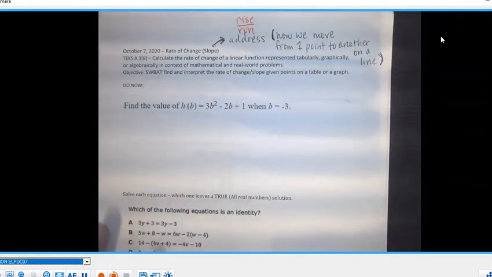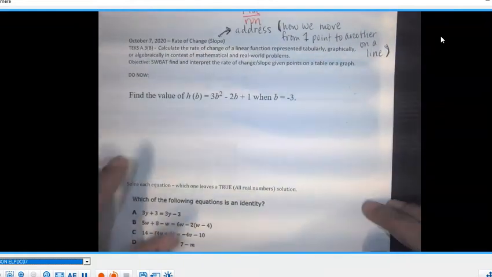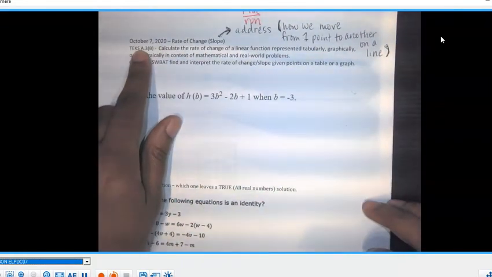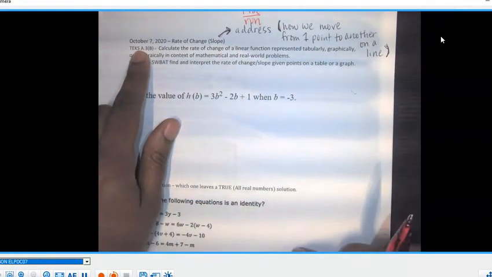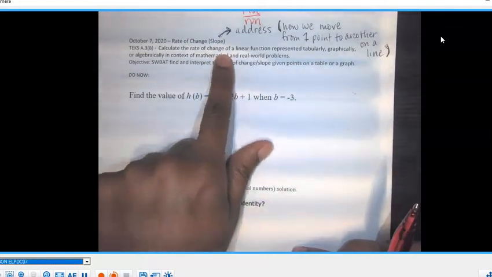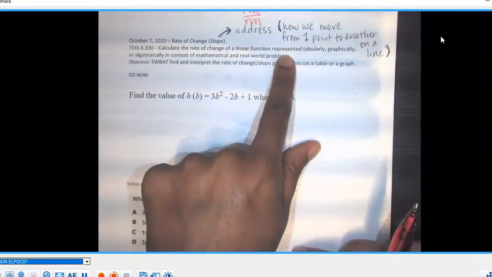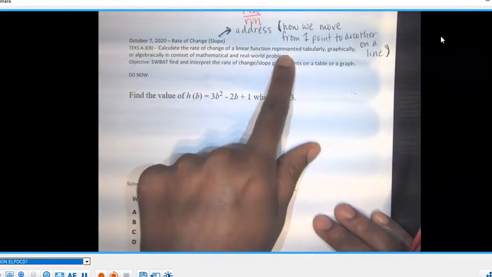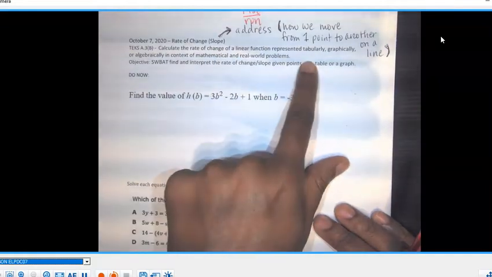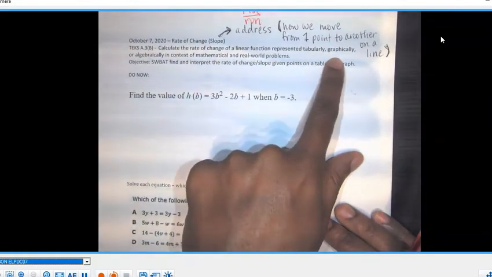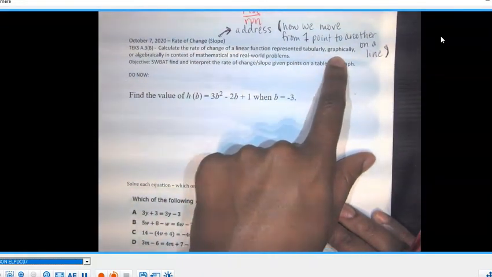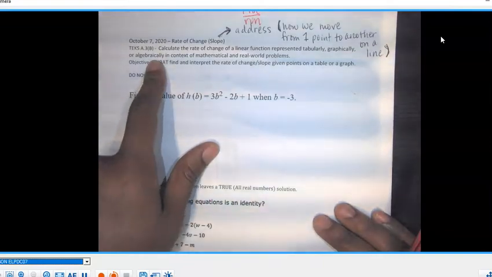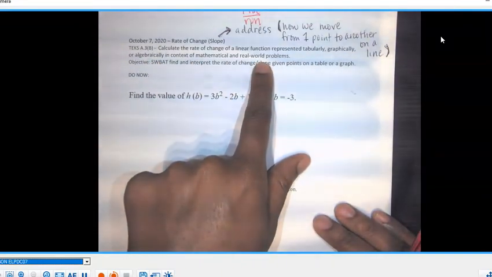All right, so again, this is TEK number A3B. This is what the state says that I have to be able to teach you, which is to calculate the rate of change of a linear function represented in different ways. So calculate the rate of change when you're given a table, which is tabular, from a graph, or algebraically, and then there may be real life or real world problems.